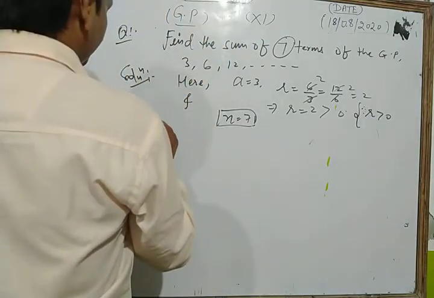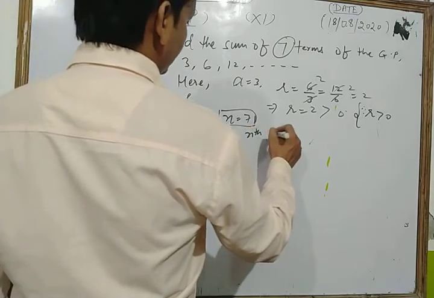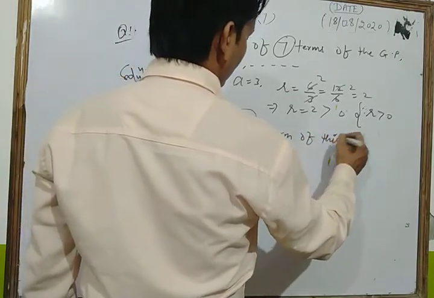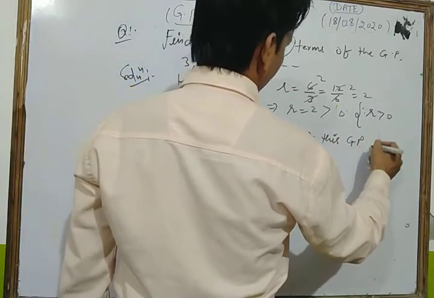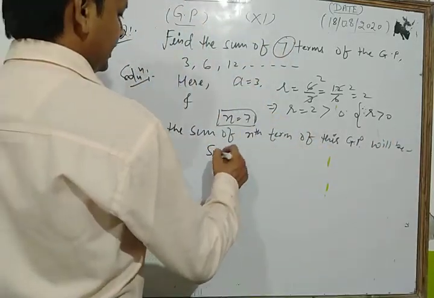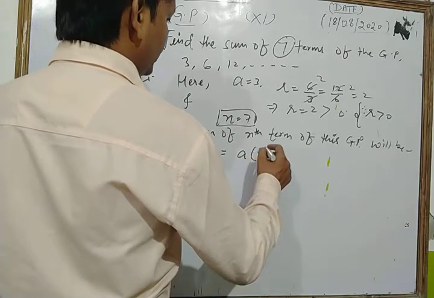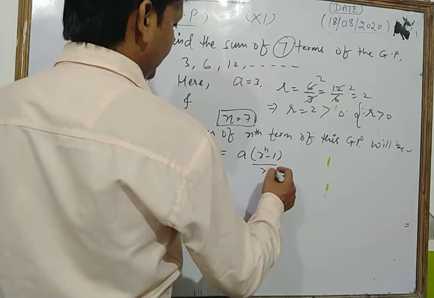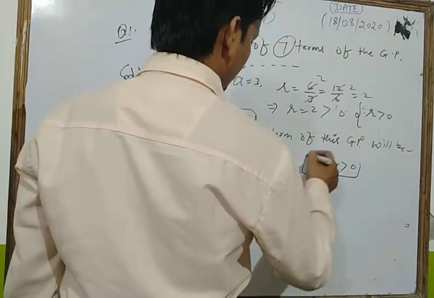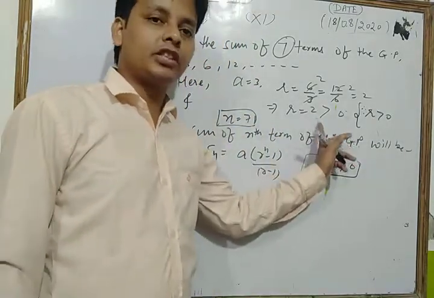Thus, the sum of n terms of this GP will be Sn = a(r^n - 1)/(r - 1), because r is greater than 0. Here the value of the common ratio is 2, which is greater than 0.